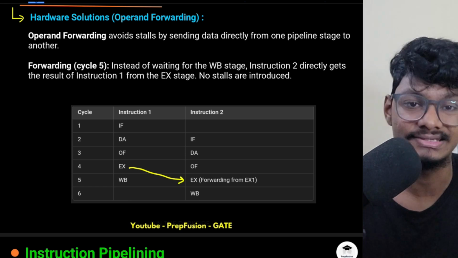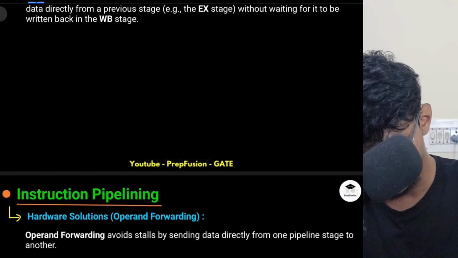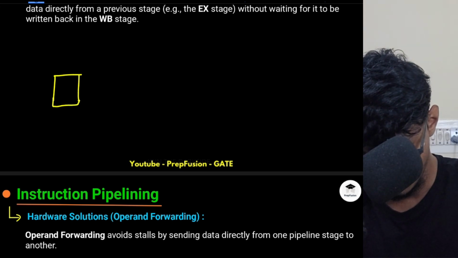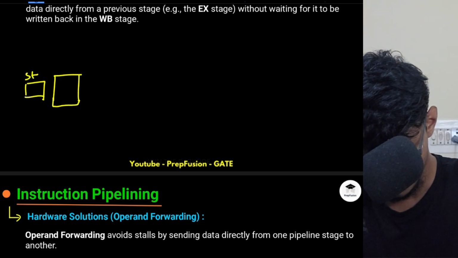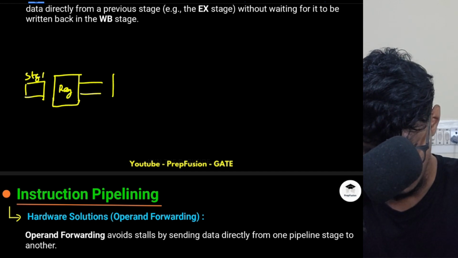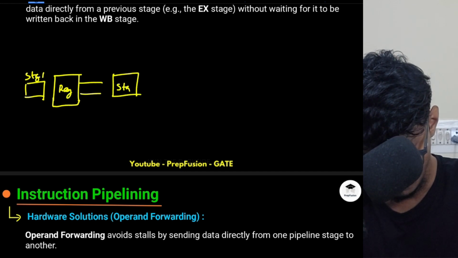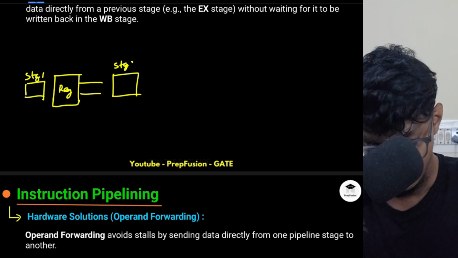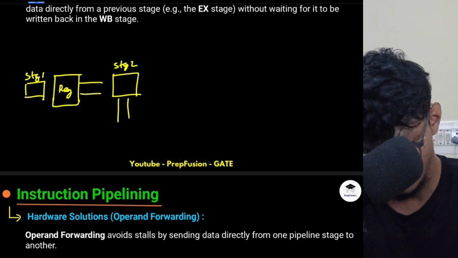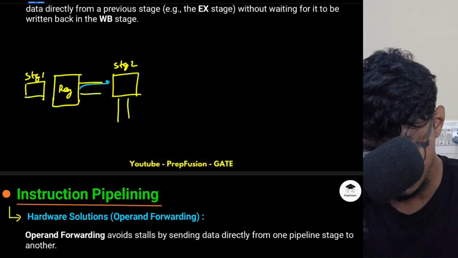What happens? Basically I have registers, right? After the execution finishes, I have registers in stage 1. This was my stage 1 and here I had a register. Stage 2 has two options: either take the operands from the memory or take them from the registers. So it will take the operands directly from the registers.